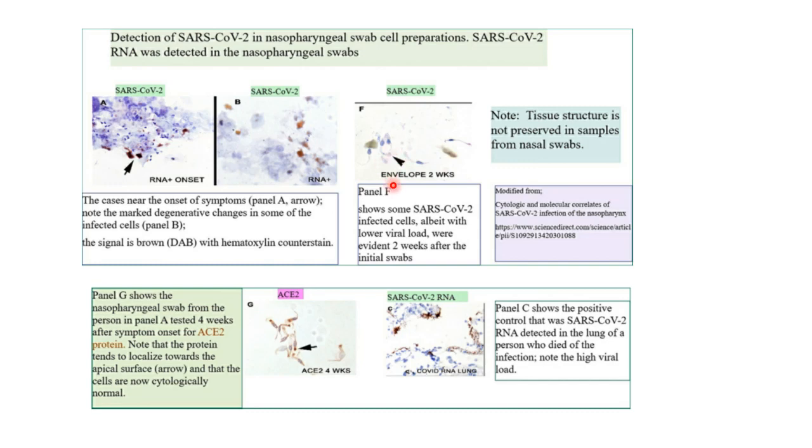So panel F shows some SARS-CoV-2 infected cells with lower viral load, 2 weeks after the initial swabs. And 4 weeks after the initial swabs, the cells are quite healthy and they've been stained for ACE2, and ACE2 is present on the apical membrane.